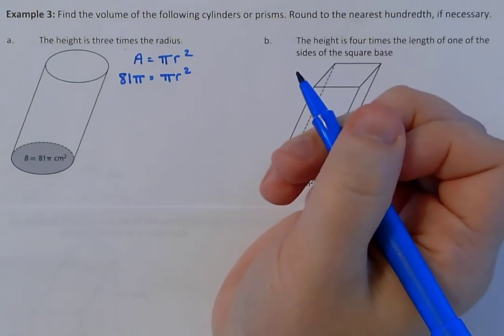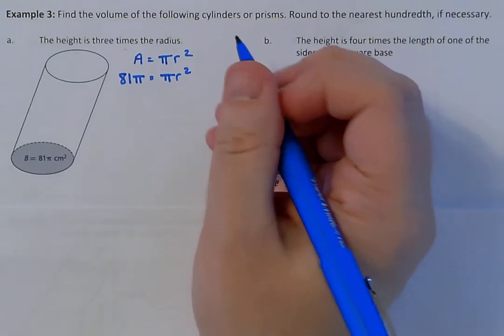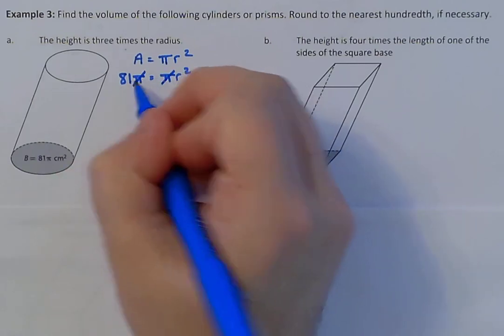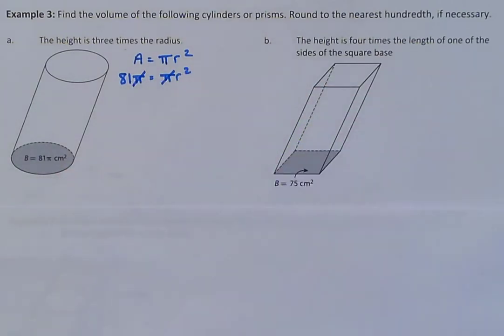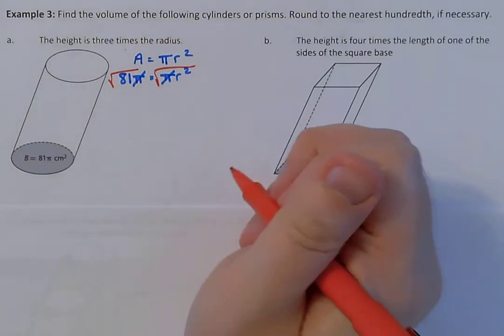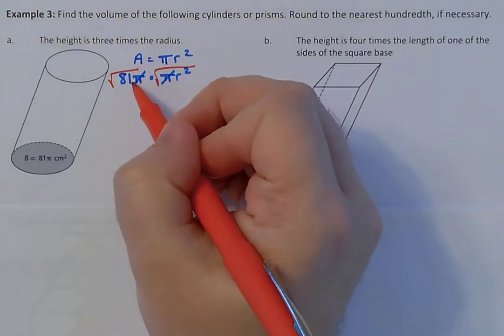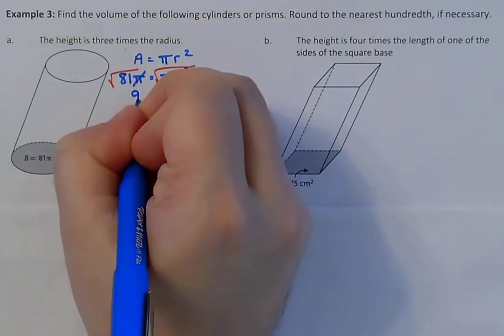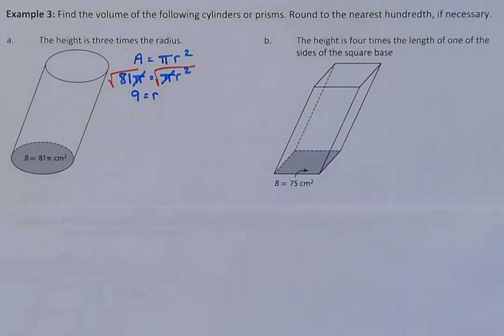To figure out the value of our radius, r, first I divide by pi on both sides, and the pi's cancel out, so I now have 81 equals r squared. To figure out r, we take the square root of both sides. The square root of 81 gives us 9. So our radius is 9.